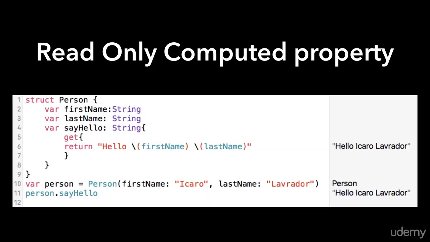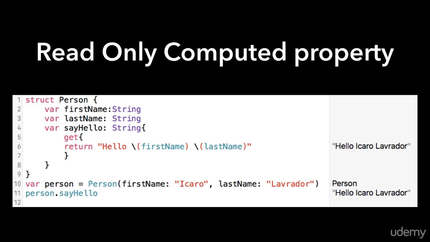So let's look at an example here. A very simple example. In this case, I have a struct called Person, and what I do is I have the first name, that's a stored property. I have the last name, that's another stored property.